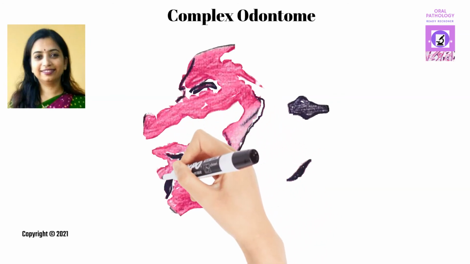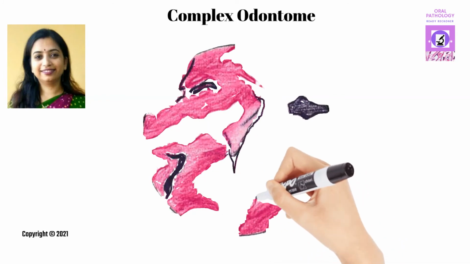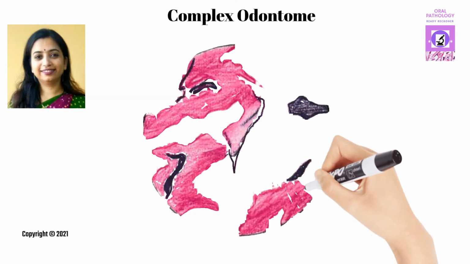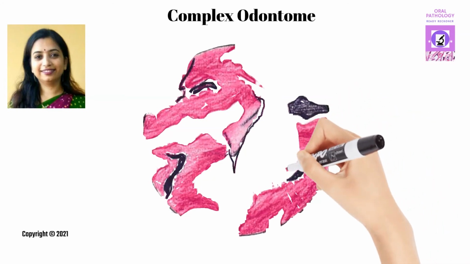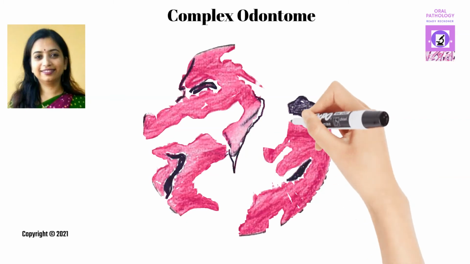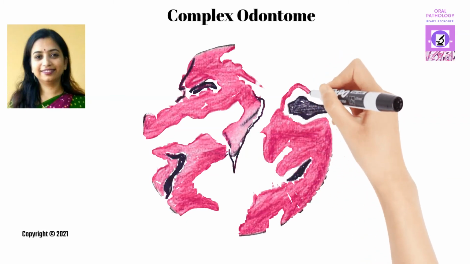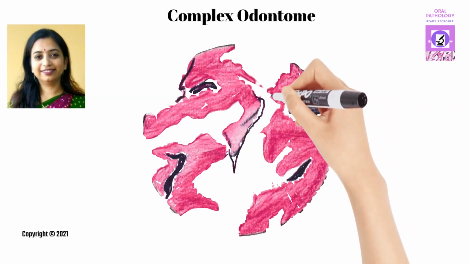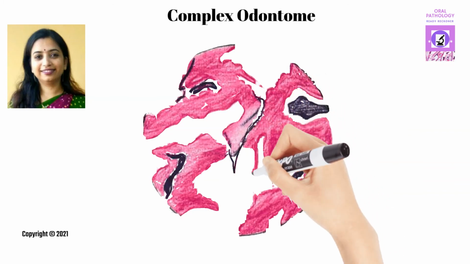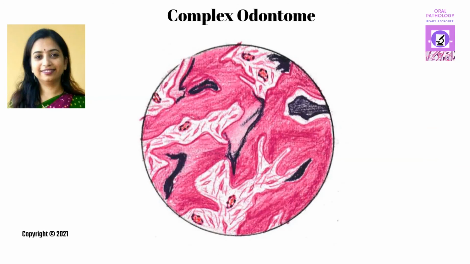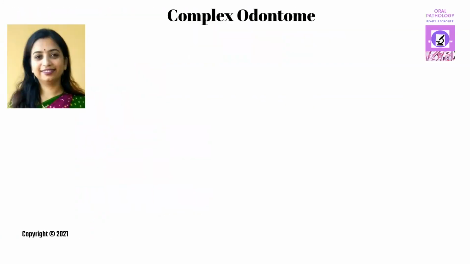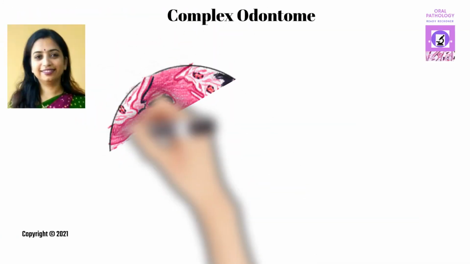Microscopically, it reveals conglomerate structures of dental tissues, which show irregular spaces containing residual elements of enamel matrix and normal enamel, surrounded by septa of dentine interspersed with occasional areas of pulpal tissue and cementum. So, complex odontoma is marked by an irregular, disorganized mixture of dental hard structures with pulp tissue.